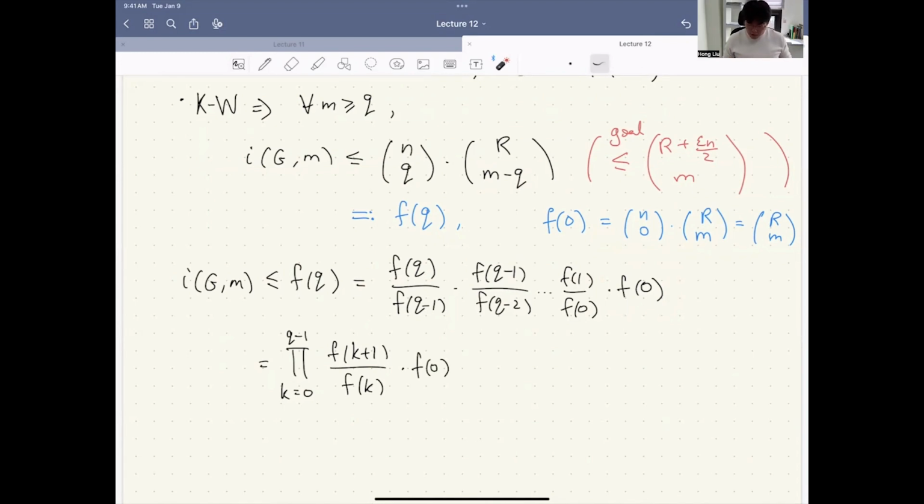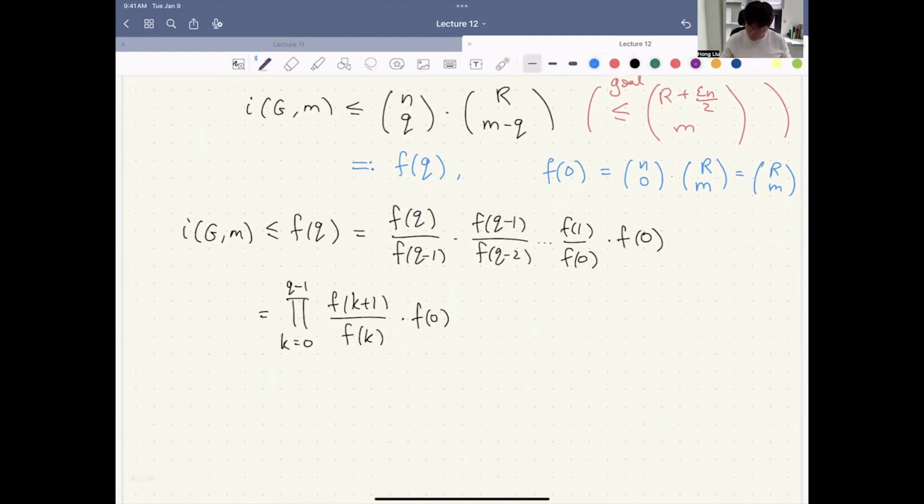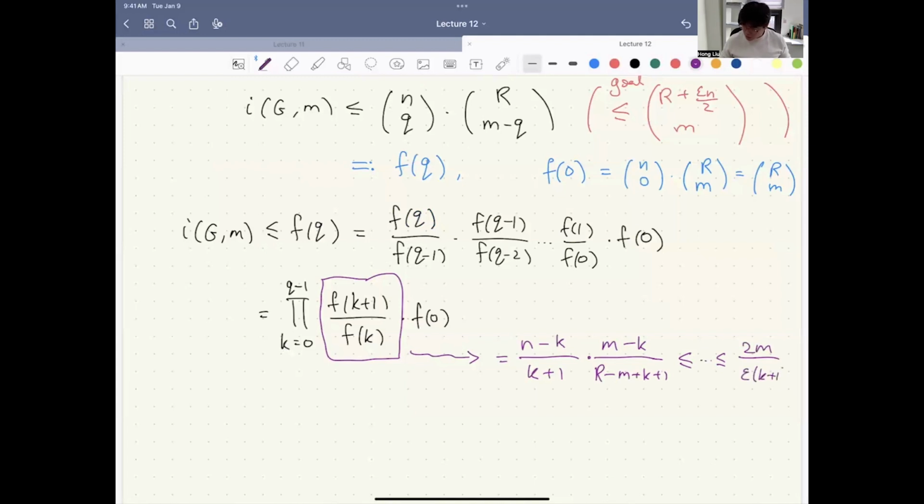Now let's look at what this term equals. After some calculation, it is (M minus k over k plus 1) times (M minus k over R minus M plus k plus 1), and this is smaller than 2M over epsilon times (k plus 1). Anyway, we have one fixed bound like this.